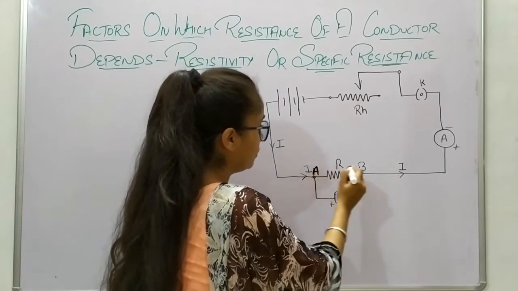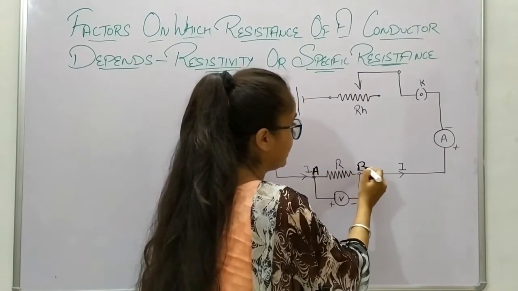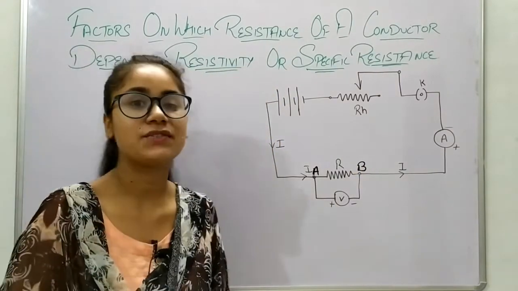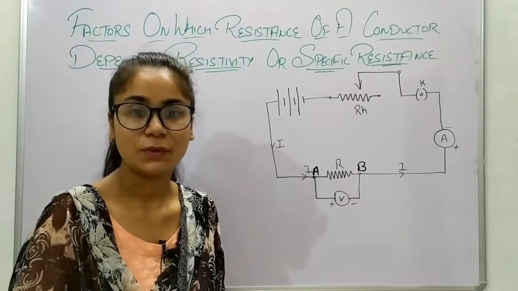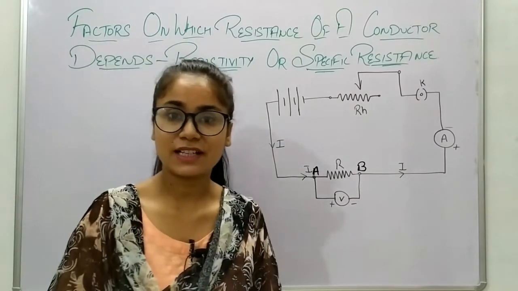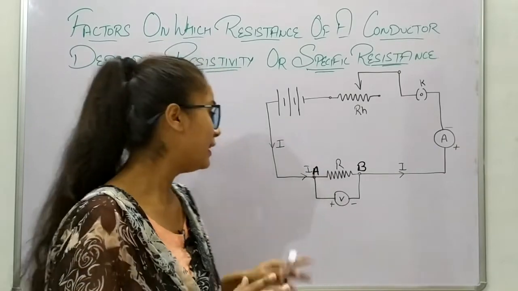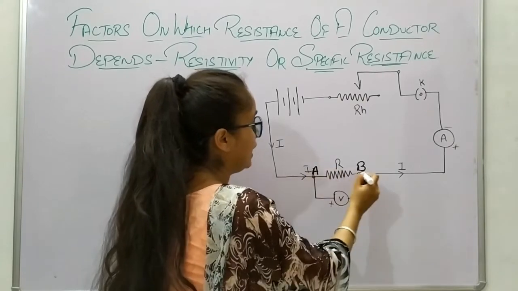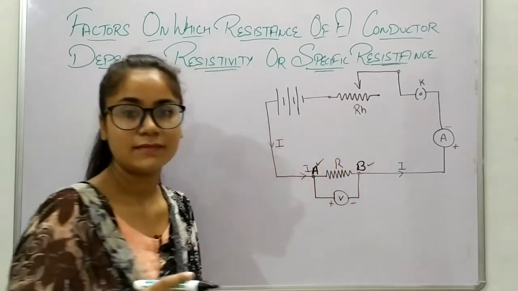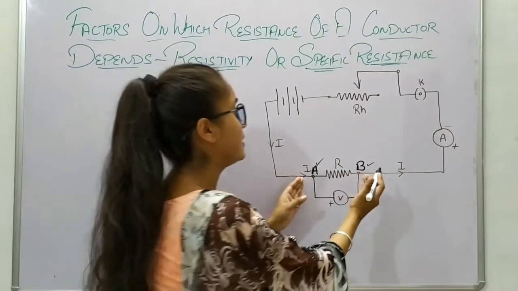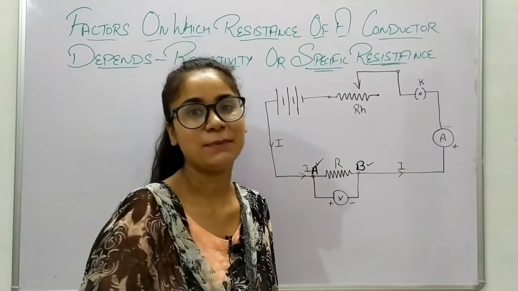As I told you earlier, if you have studied the experimental verification of Ohm's law, then this topic is really easy for you. Why? Because this whole setup is from the experimental verification of Ohm's law. In that, we had talked about the resistance wire AB. And today, in this topic, we are again going to study this resistance wire AB.